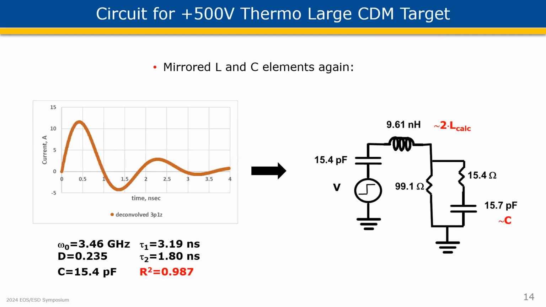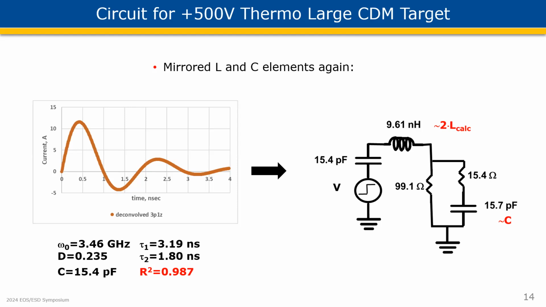Well, that persists then for other CDM targets, quite different target. Here's a large target, 15 picofarads now instead of 3, and a much larger inductance too, because of the 5 millimeter probe and the hardware fixture.